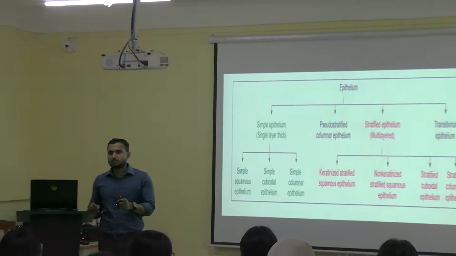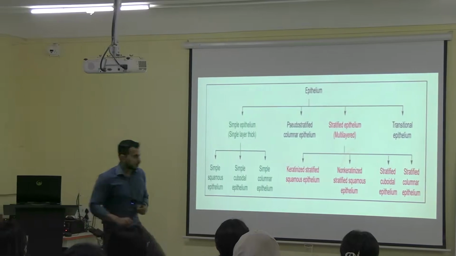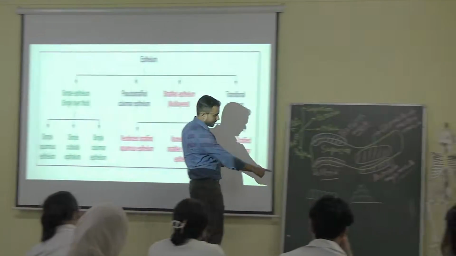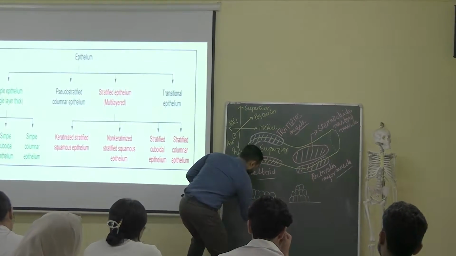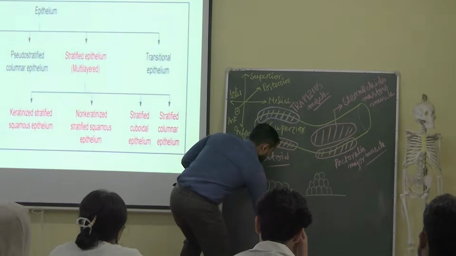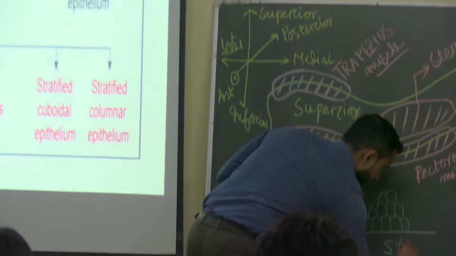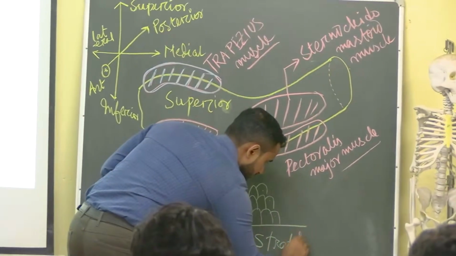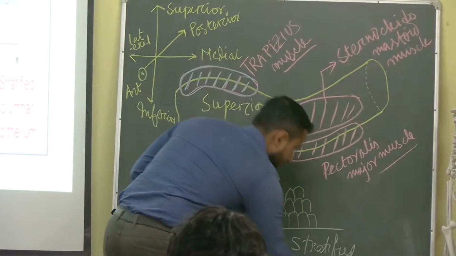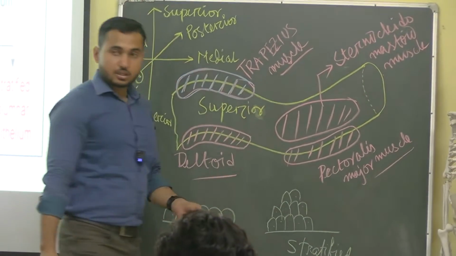Simple means single layer of cell. So this is only one layer. That's why it is called simple. This is multiple, also called stratified.